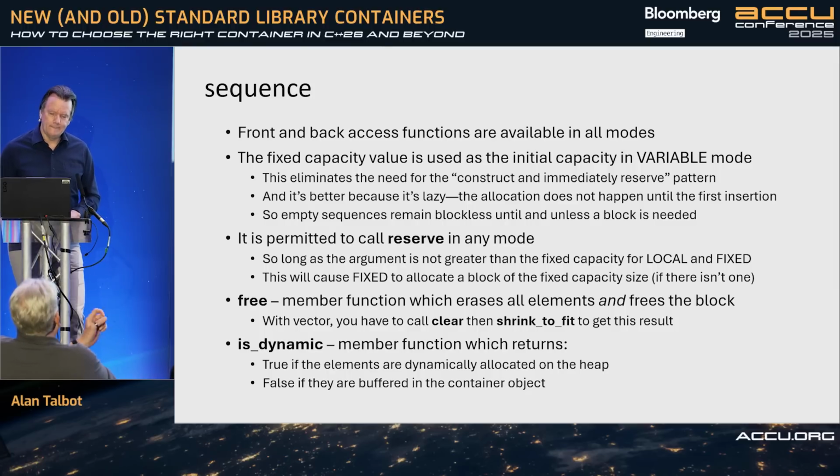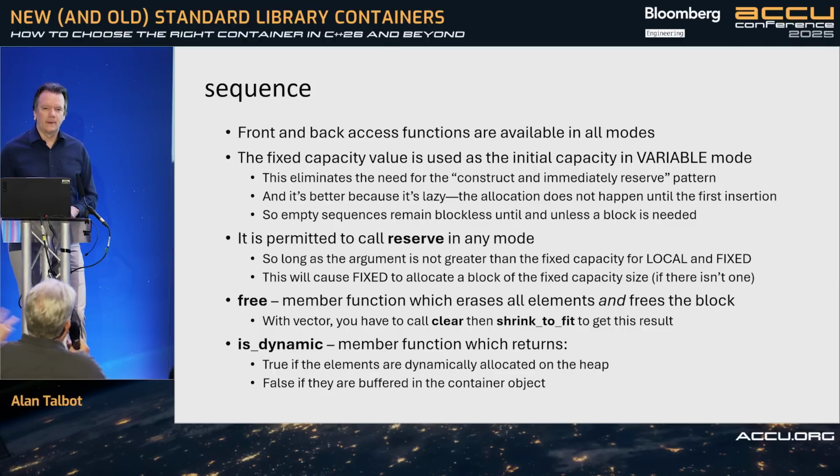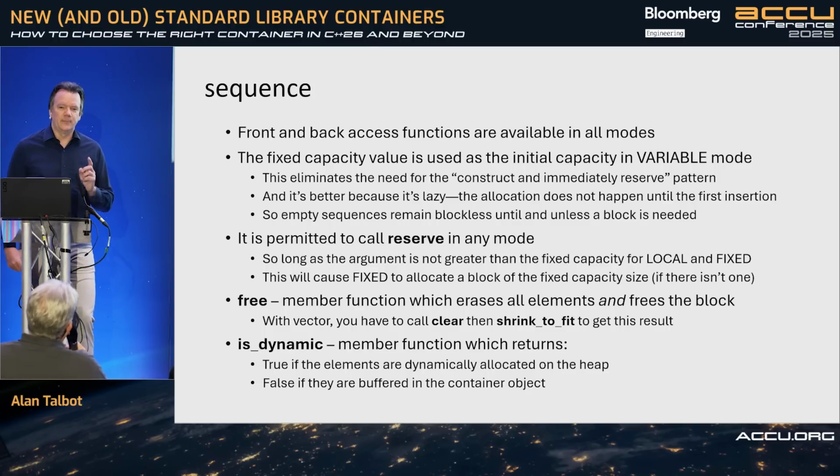Well, no. If your capacity is greater than your current size and you add an element, it's guaranteed not to allocate. But if you're saying the capacity is where I'm going to allocate the first block, but I haven't allocated it yet. No. The fixed capacity, which is a compile time user input to this, that's not the capacity.